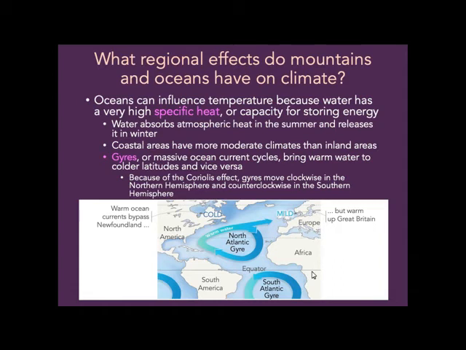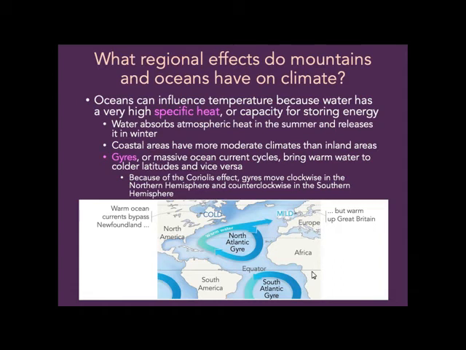So if it's very hot outside, it's not as hot at the beach because the water's absorbing a lot of the heat, right? And not changing much in temperature as it absorbs it. And then in the winter, it tends to be a little bit less cold near the water than far away from the water, because the water is still holding on to some of the heat that it acquired in the summer and is releasing it slowly. So it takes a lot to make water change in temperature, okay?